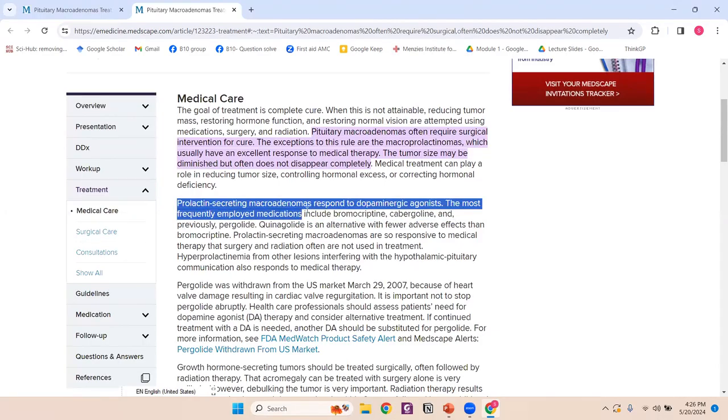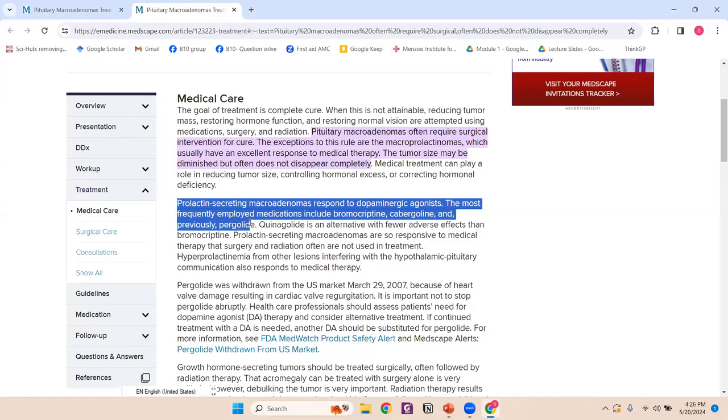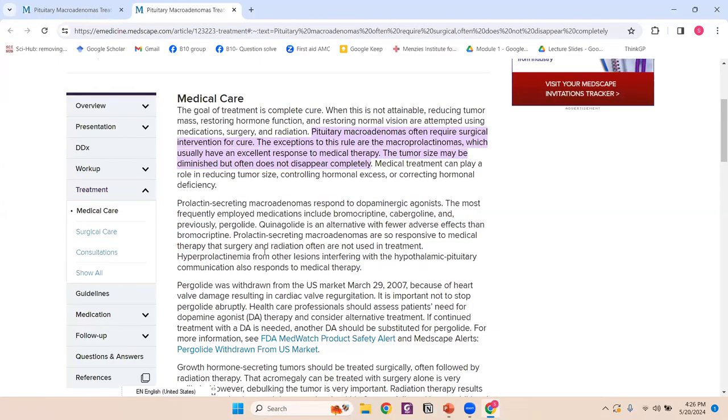Prolactinomas usually respond to dopaminergic agonists. They have a remarkable response to that. The most frequently used are bromocriptine and cabergoline. So for prolactinomas, we usually start with medical management with bromocriptine or cabergoline, your dopaminergic agonists, and they have a remarkable response. We discussed that earlier as well.